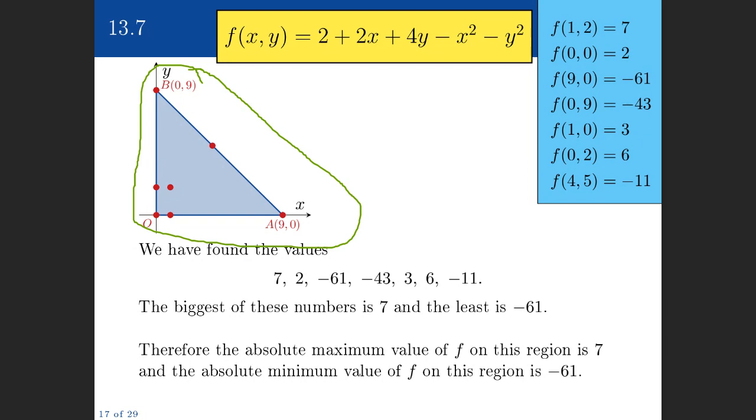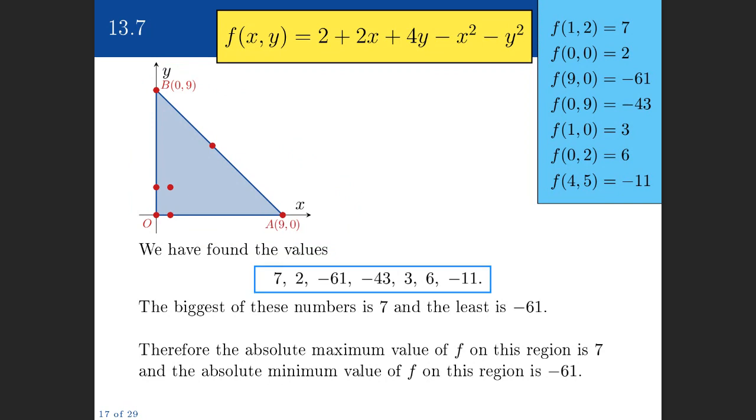But which is it? We've found 7 values of f. We found the numbers 7, 2, minus 61, minus 43, 3, 6, and minus 11. Which of these numbers is the biggest number? 7.